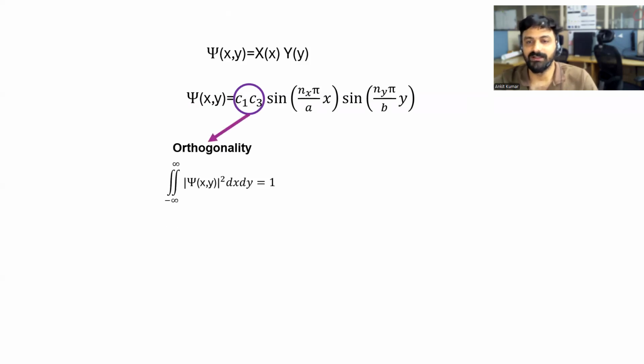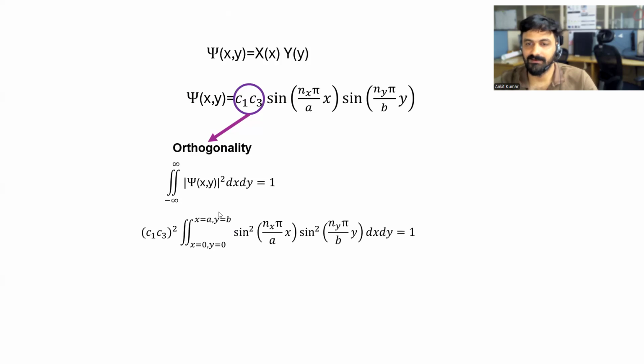Using the orthogonality, the double integral from minus infinity to infinity of mod psi squared dx dy equals 1, because the domain of x ranges from minus infinity to infinity, and for y it is the same. When we perform this integration along x and y, because here your domain is x equals 0 to a and y equals 0 to b, because the lengths along x and y of the rectangular box are a and b, performing the square gives you sine square of n x pi x by a and sine square of n y pi y by b, dx dy. And you have to calculate this integration, right?